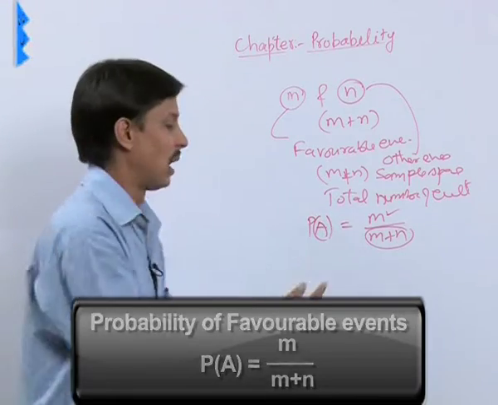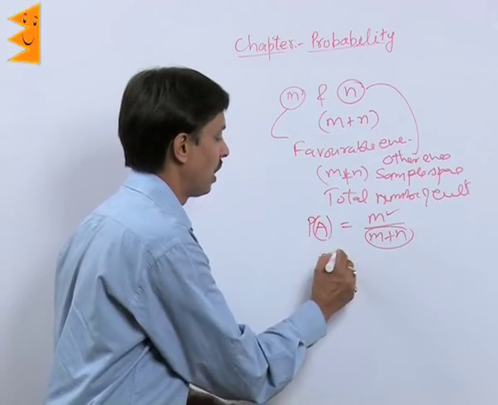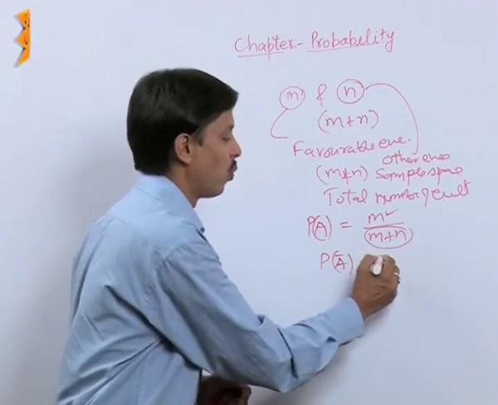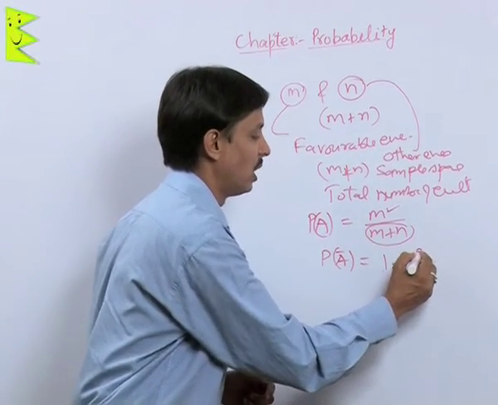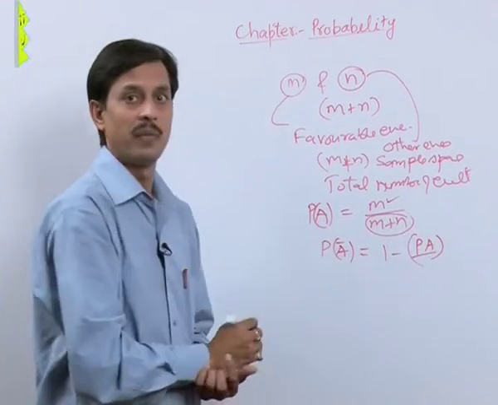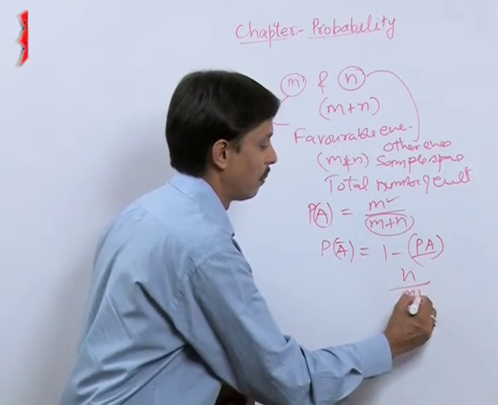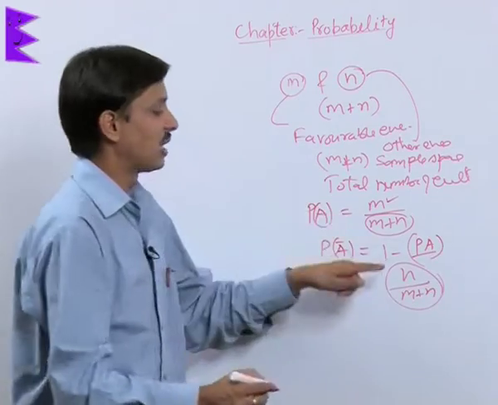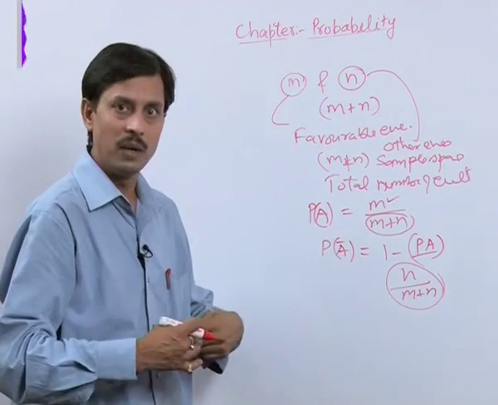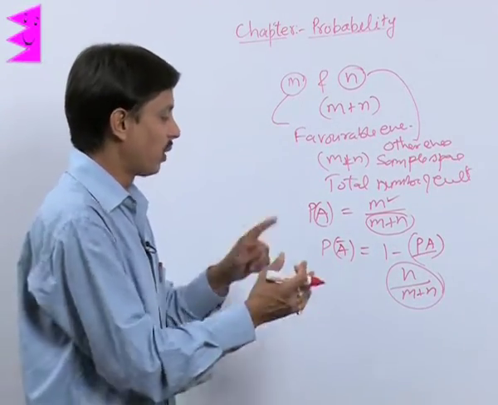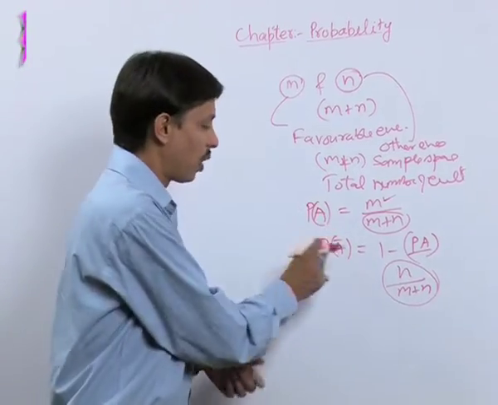Probability of not happening, that is probability of A naught, equals 1 minus probability of happening. That is n upon m plus n, because n are the events not favoring me and I want to calculate the probability of not happening.